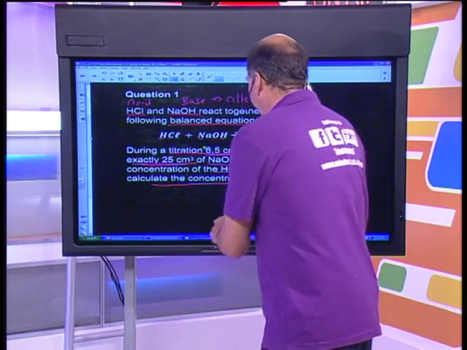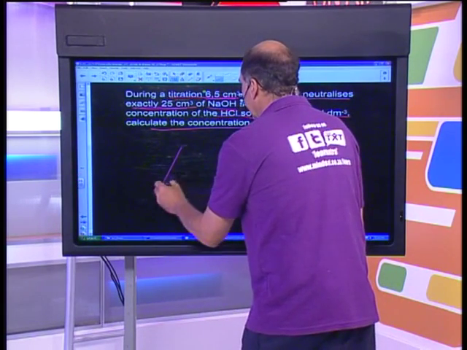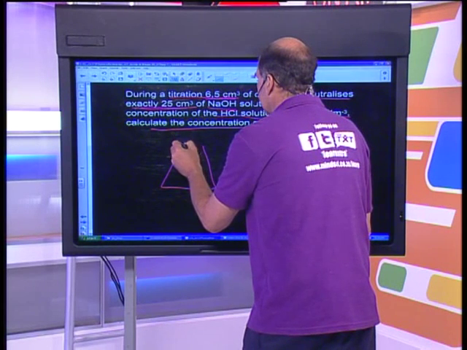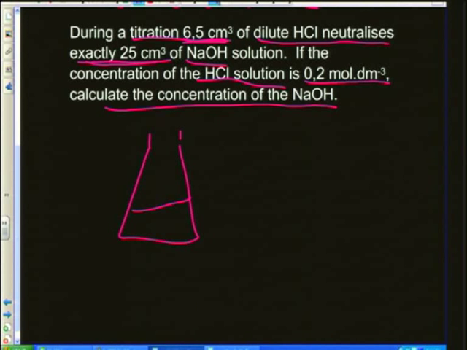So you have 25 centimeters cubed of the base, of the alkali. So usually it's in a flask like this, and there's our 25 centimeters cubed, 25 mils of your sodium hydroxide.